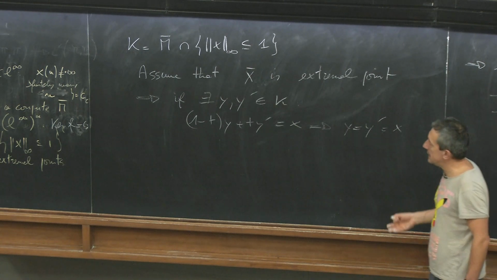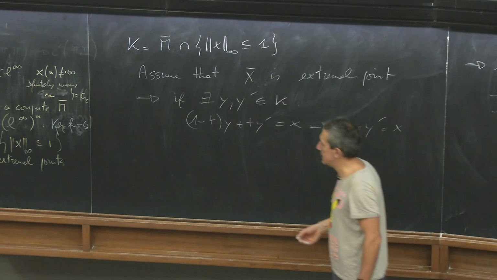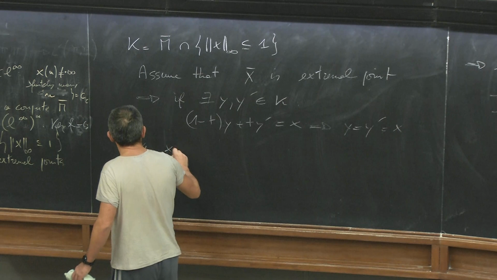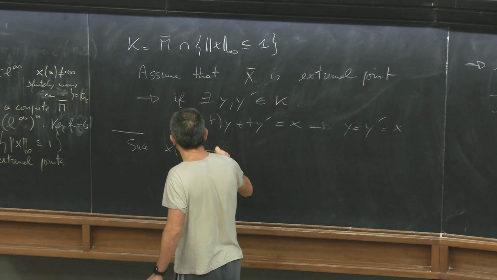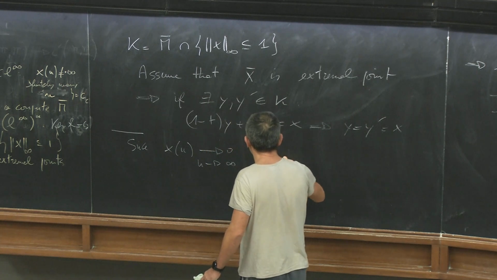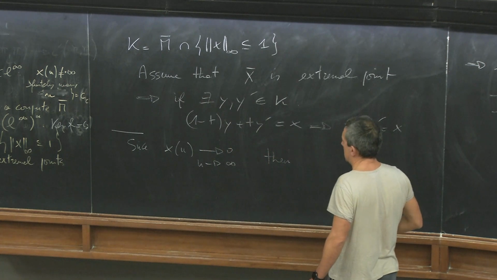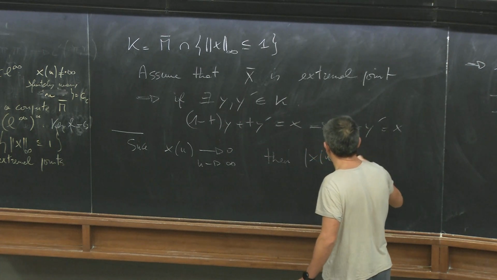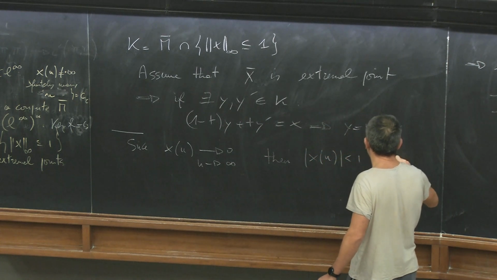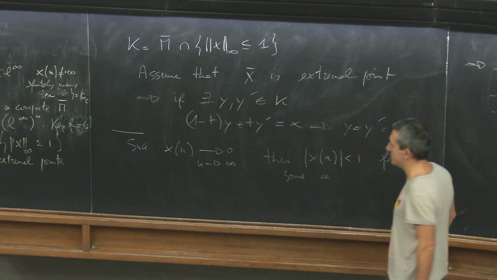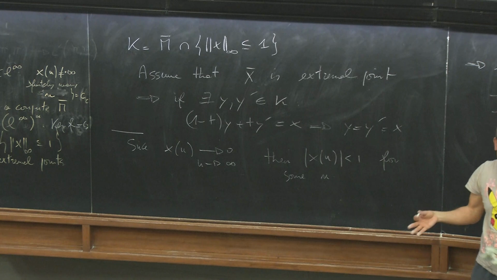So now what is the idea? The idea is that since xn tends to 0 as n tends to infinity, then xn is less than 1 for some n. Definitely at some point it should be less than 1.